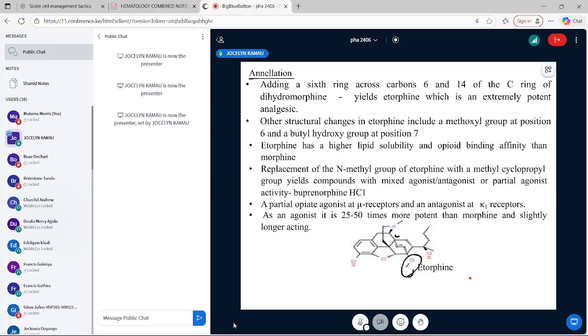And then in addition, it was also found that position number 7 can also be changed, because you also want to have a balance on the water solubility and also increase the lipid solubility. So you can see this is carbon 1, 2, 3, 4, 5.